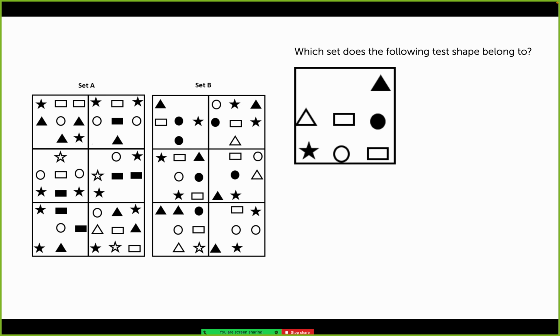So that's what draws me to set A. Okay, maybe there's also the same pattern in set B as well. So because it's both patterns, it would be neither. Yeah, it's more of set B because of that corner star and other proportions of the circles also.